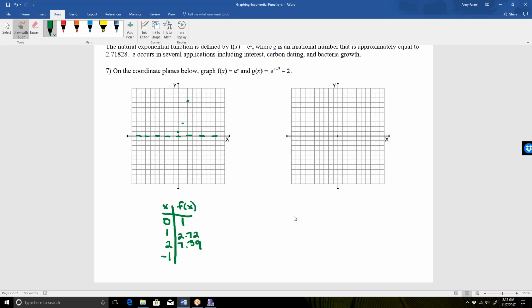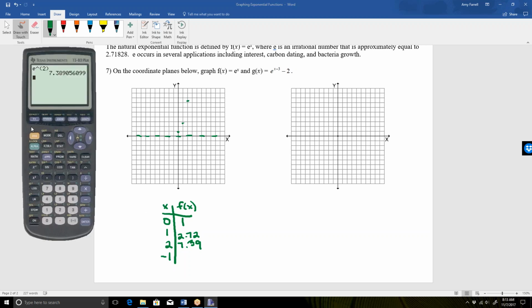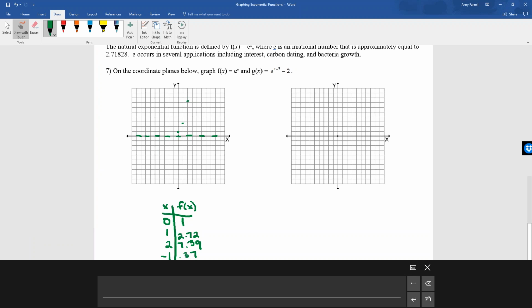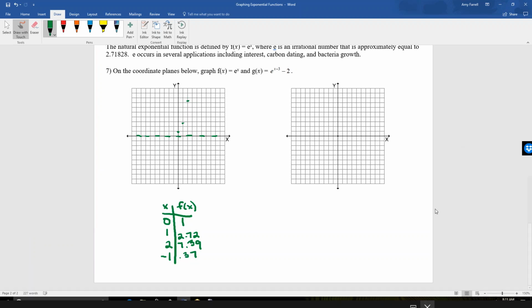If you plug in -1, you know, you could plug in a negative. Let me show that real quick. So I could also raise e to the negative first power, and it's about 0.37. Okay, so notice that it really looks just like 2 to the x and 3 to the x.